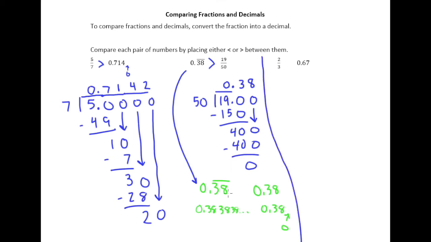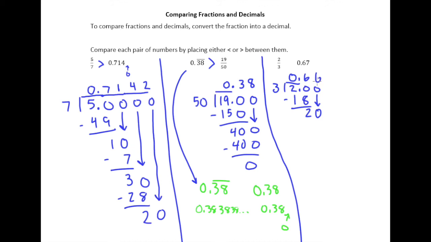Okay, now finally let's take a look at 2/3 and 0.67. So we'll take our 2/3, 2 divided by 3. 3 does not go into 2. 3 goes into 20 6 times. 6 times 3 is 18. Remainder of 2. Drop a 0 down. 3 goes into 20 6 times.